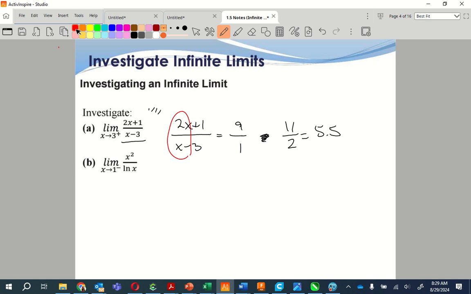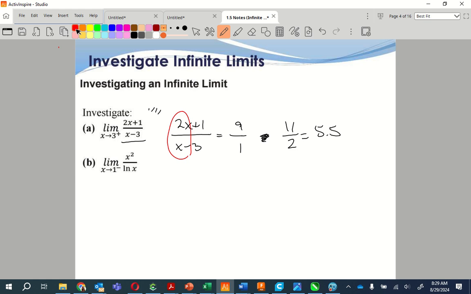Also, if the top is one degree more, that's where you get your slant asymptote. You get it as a line. You divide the numerator by the denominator, and that division is going to give you the equation of the slant asymptote.